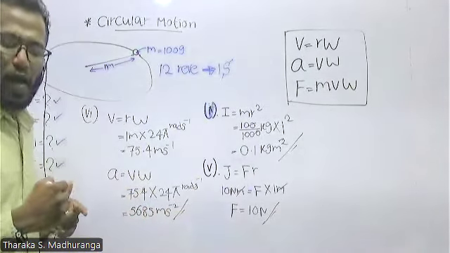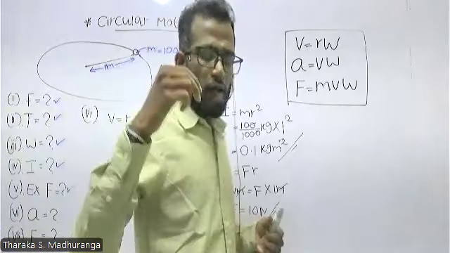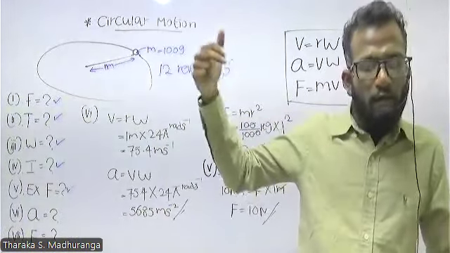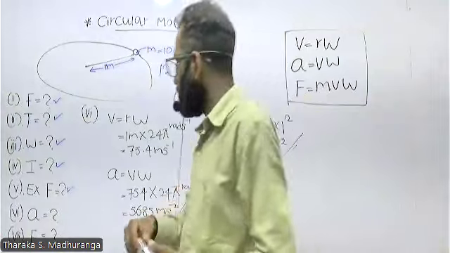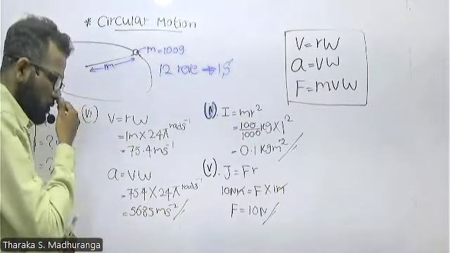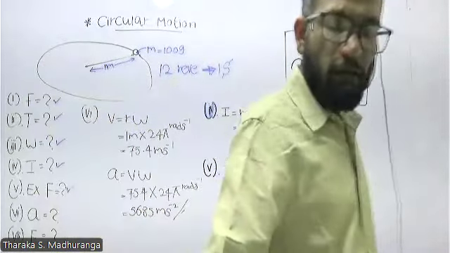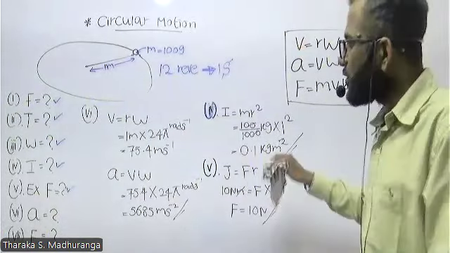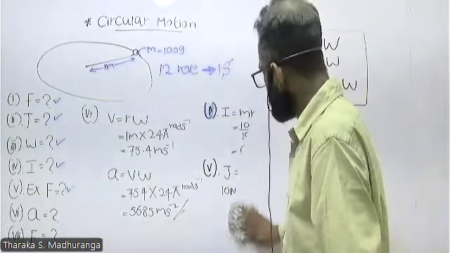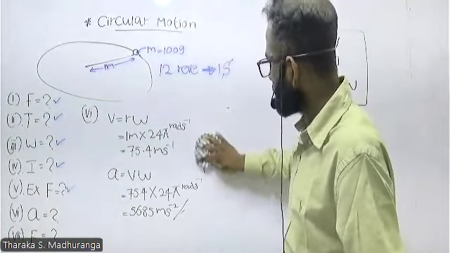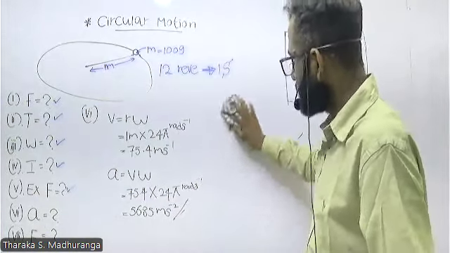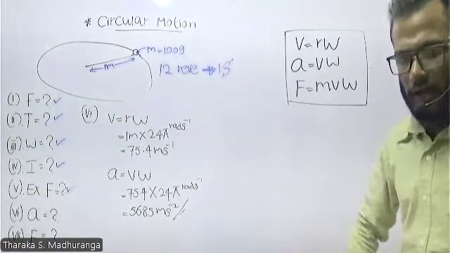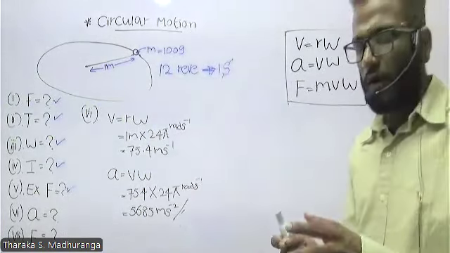This much acceleration comes in the centripetal direction. This is the part 6 answer. Did you get this answer? Anyone? You don't need the answer; if you found the method, that is enough.